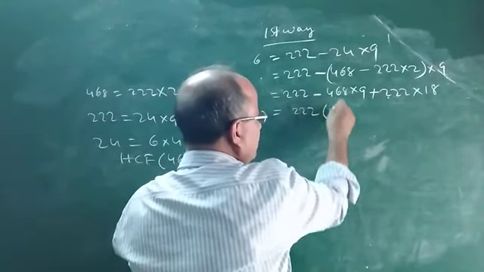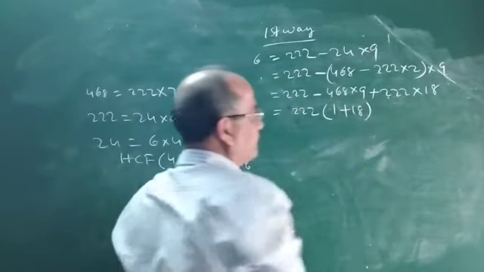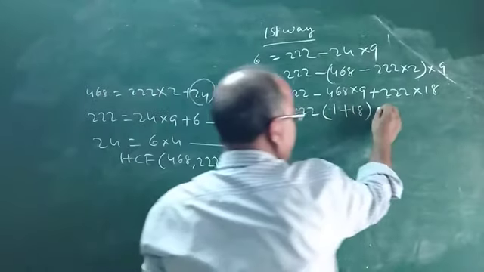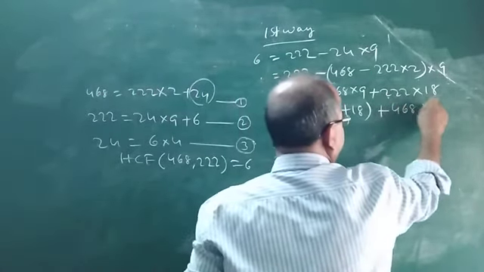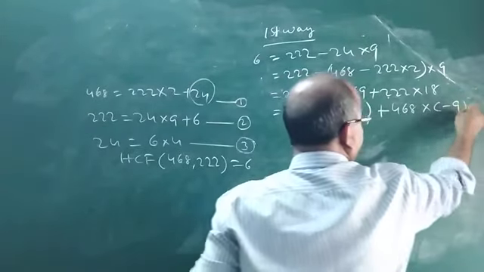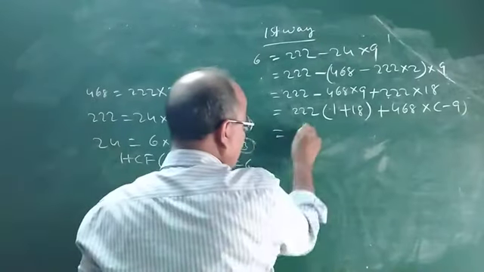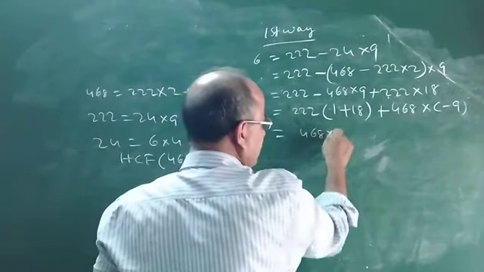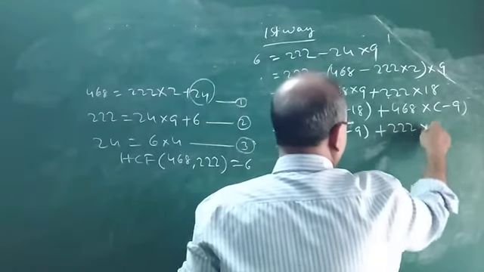If we take 222 common, here 1 is left and here 18 is left, 1 plus 18. Then minus 468 into 9, or you can write 468 into minus 9. So now this will be equal to 468 into minus 9 plus 222 into 19.